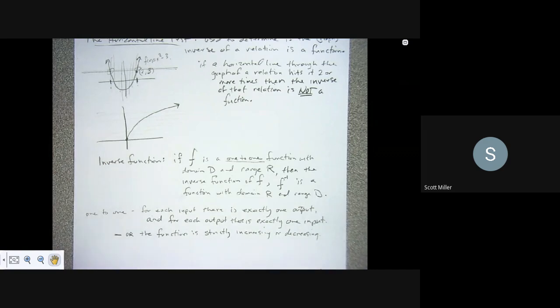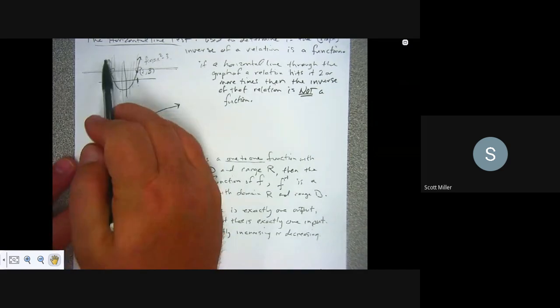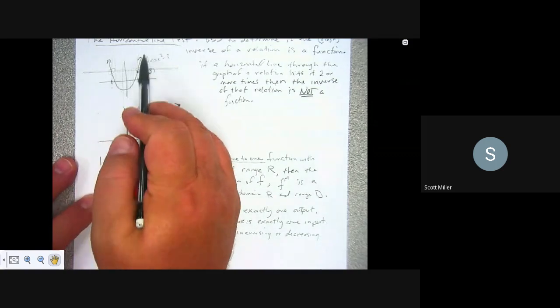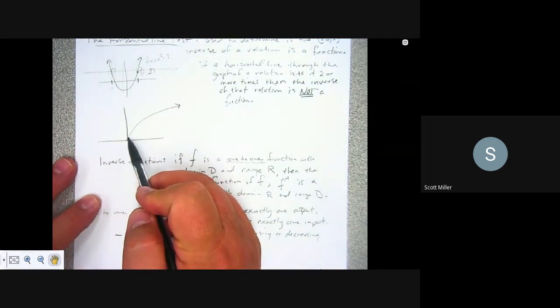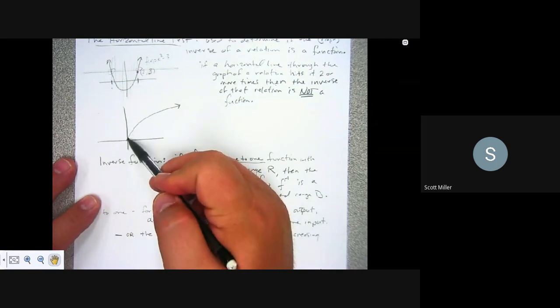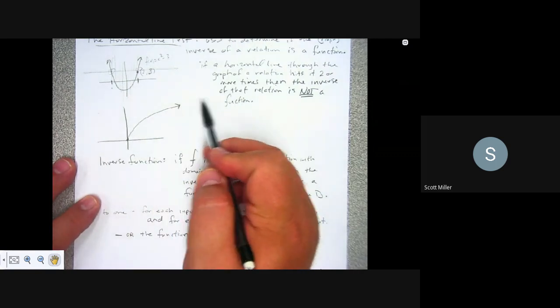That means a function is only going up all the time, or it's only going down all the time. There is no turning. There is no up and down. See, this one has, I go down and then I go up. This is not strictly increasing. This one is strictly increasing. See how the graph is only going in an upward fashion, correct? So this is strictly increasing.